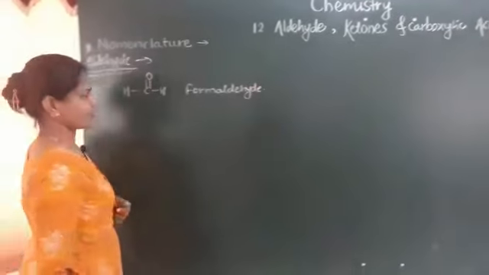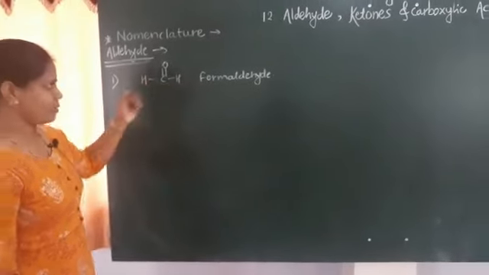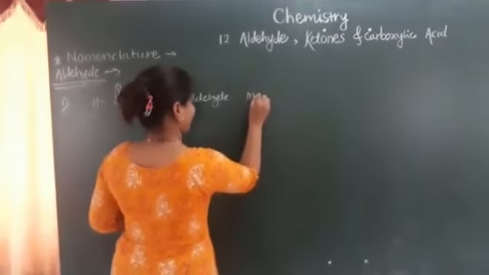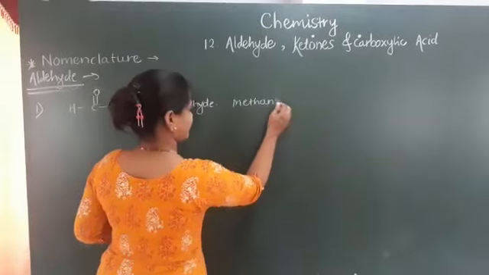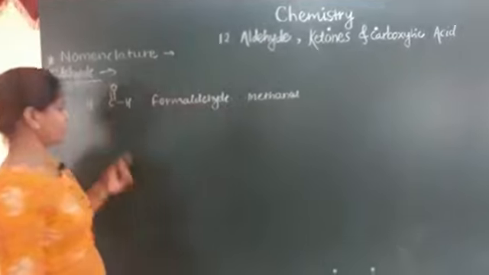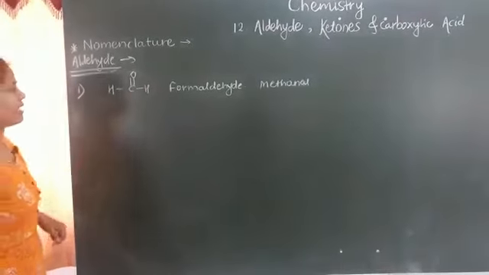Now what is the IUPAC name system rule? The root word is methane, because one carbon atom is there, and from methane we have to replace E by Al. Then the IUPAC name of this example is methanal.